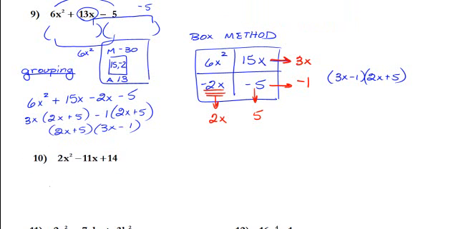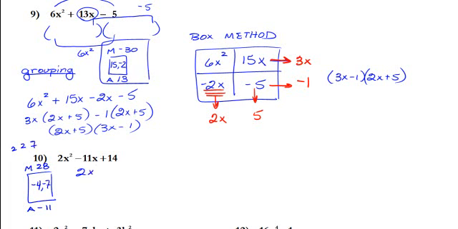So grouping: I want two numbers that multiply to 28 and add to negative 11. Negative 4 and negative 7 do that.